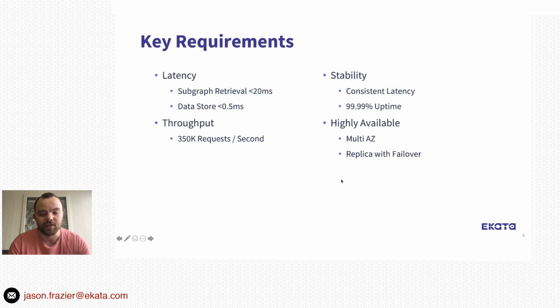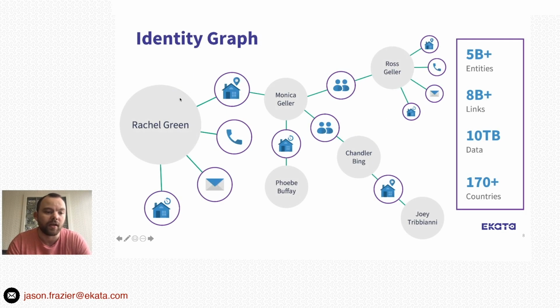You can see we have Rachel Green. Rachel Green used to live with Monica Geller, so they have a link through this address. Rachel Green also has a link to her telephone, her email, and a past address. Monica is married to Chandler, so they have a person relationship. And Chandler used to live with Joey, so they also have a linked address for the previous address they used to live in.